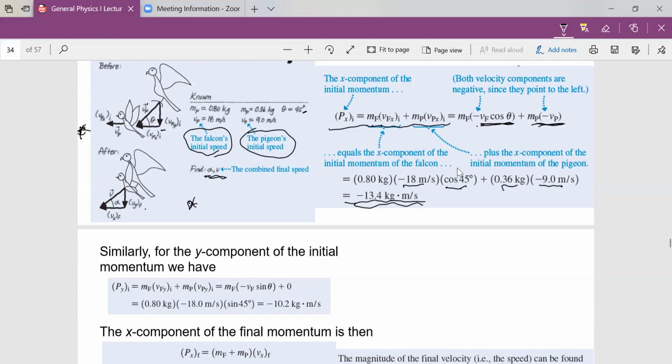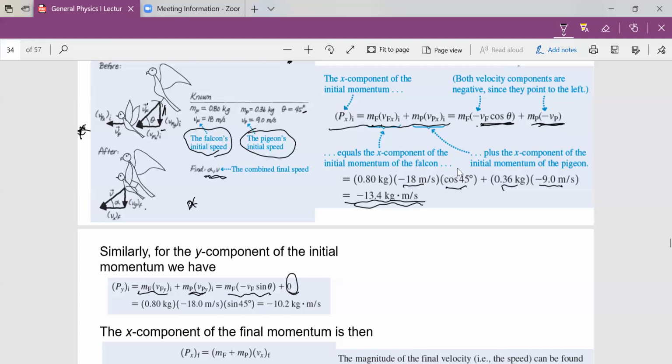Expressing it, it is going to be the summation of the Y for pigeon and falcon. So for the pigeon, it's only moving horizontally, so it doesn't have the Y component. So we only have the Y component for the falcon, which is opposite over hypotenuse, and that is sine. And the direction is negative or towards the left. That's how the negative came in.